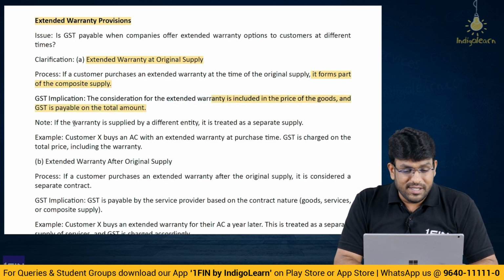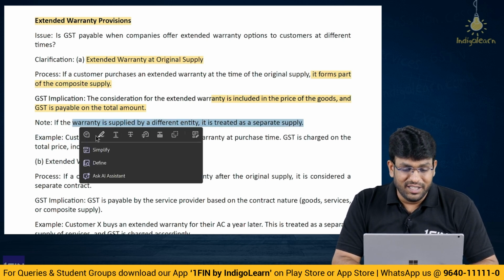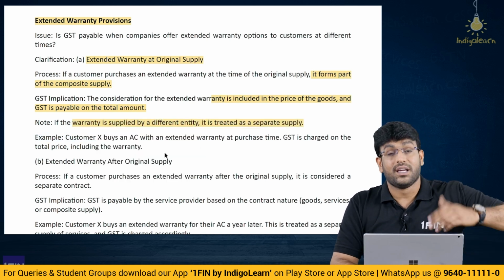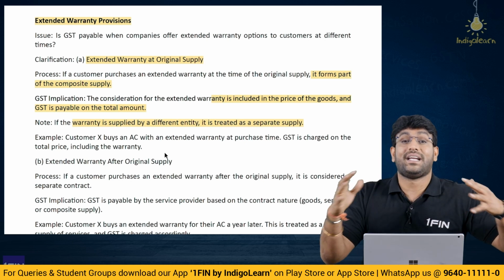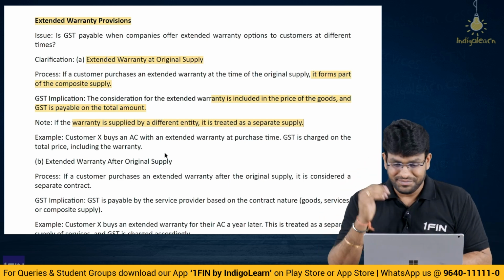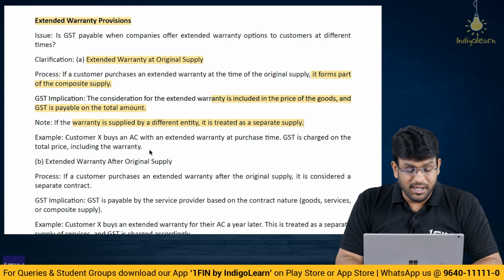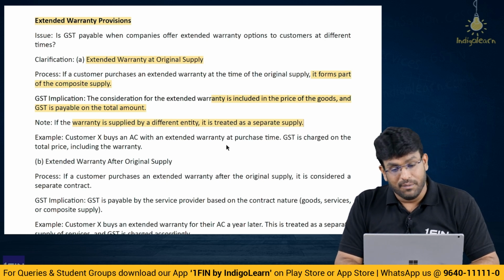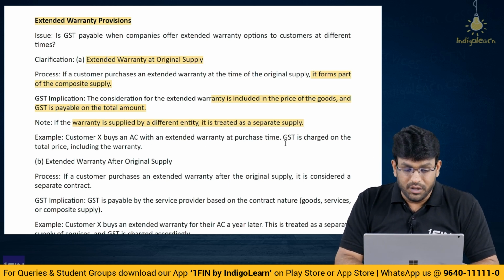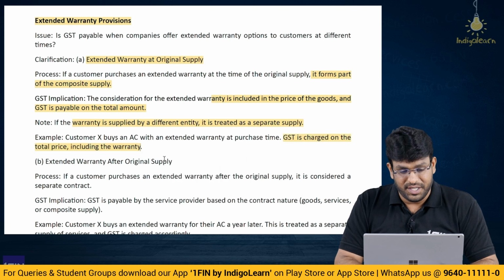Note, if the warranty is supplied by a different entity, it is treated as a separate supply. Obviously, if the dealer is not giving that warranty and some other third party is giving it, then that is a separate transaction altogether. Next line. Customer X is buying an AC with extended warranty at the time of purchase. GST is charged on the total price including warranty.